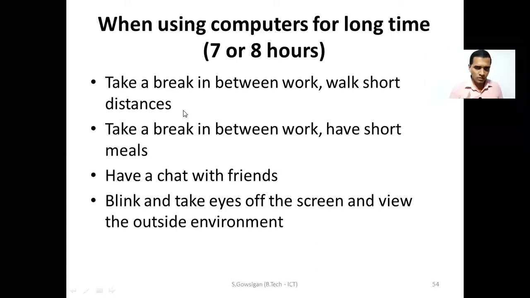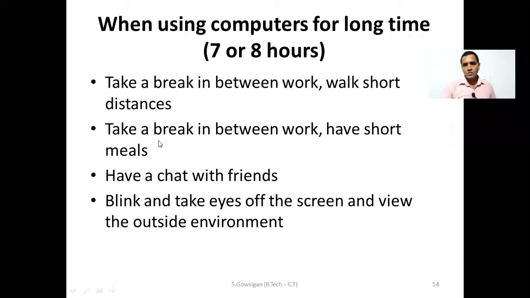If you are working at home, take a small short walk inside your home or compound, because you need some rest, not only for your eyes but for the entire body. That may be a safety measure for a person who uses a computer for a longer period.